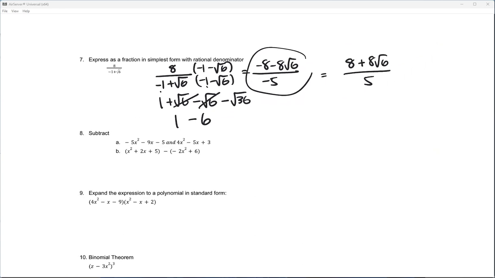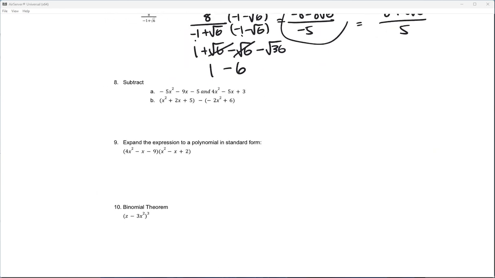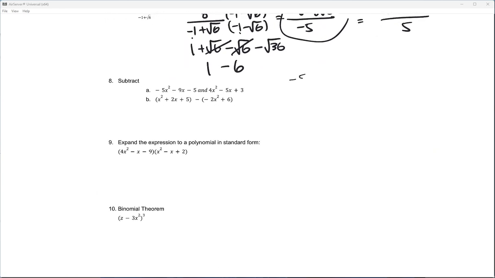Letter A of number 8, we're subtracting. So it'll be negative 5x squared minus 9x minus 5. Then make sure you distribute the minus sign as negative 4x squared plus 5x minus 3. That'll be negative 9x squared minus 4x minus 8.